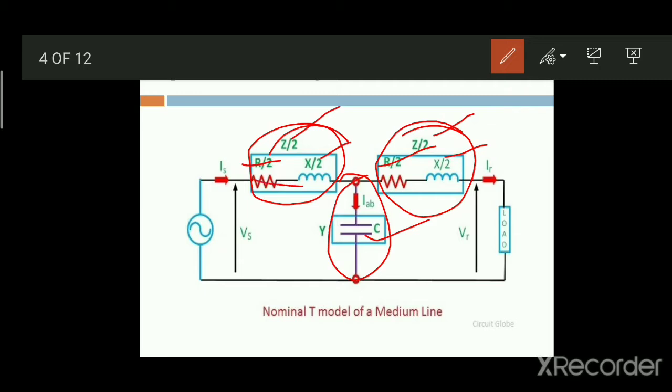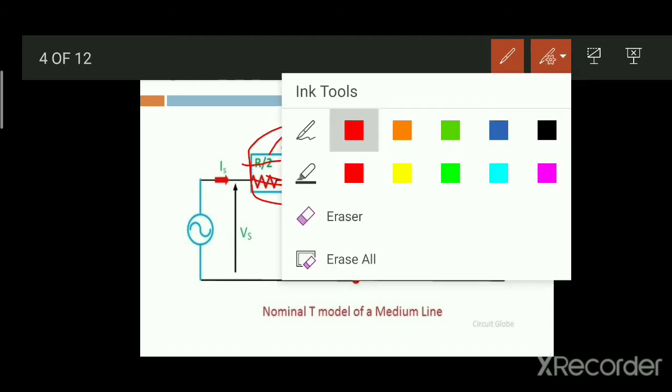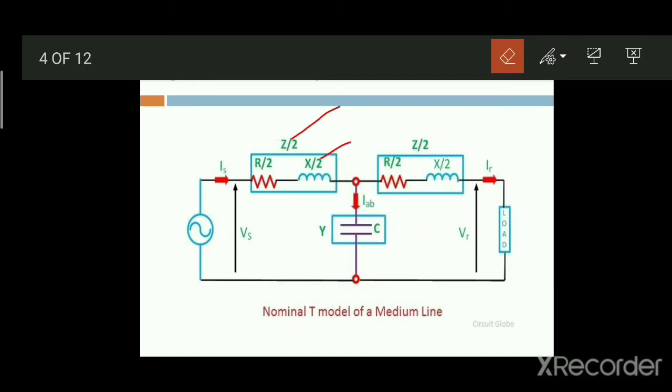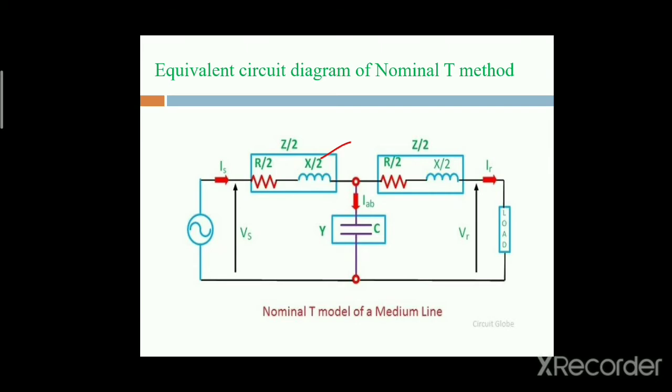The shape is like a T shape, then it is known as the nominal T method. The connection of these parameters is in the T shape, so it is called the nominal T method or the middle condenser method.